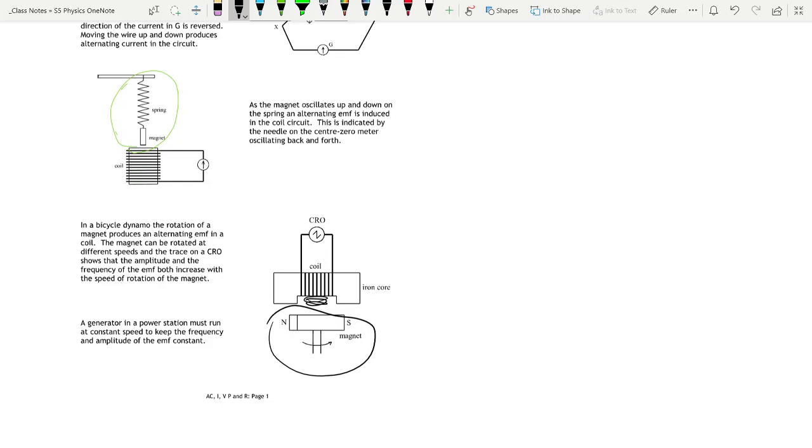So the faster it moves, the more electricity is produced. So it has to be something that's continuously moving fast for it to continue producing electricity. The faster it moves, the more electricity it produces. The stronger the magnet, the more electricity it produces. And the more coils of wire, the more electricity it produces.